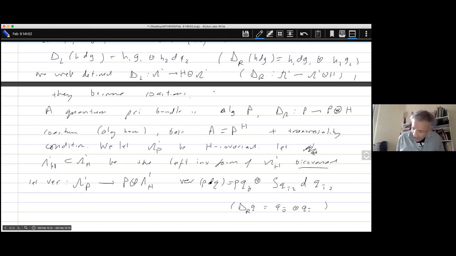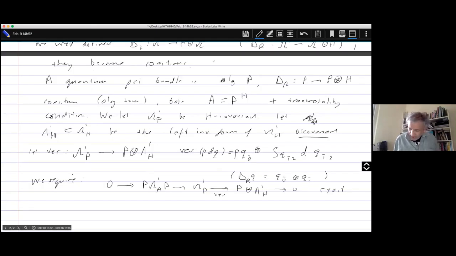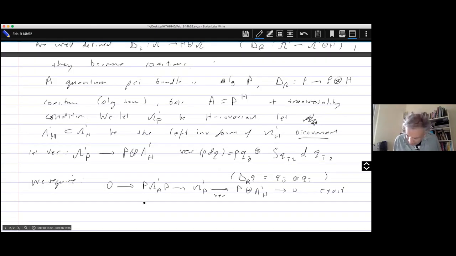And we require, for the transversality, this condition: 0, P Omega^1 A P goes to Omega^1 P, goes under Ver to P tensor Lambda^1 H, and we've got this to be exact. What this says is that these are the horizontal forms classically.